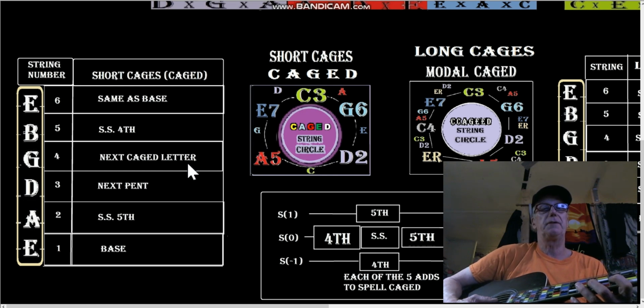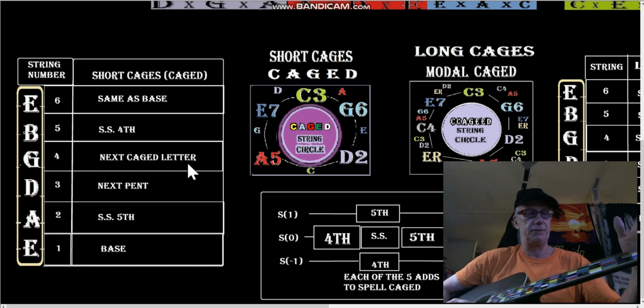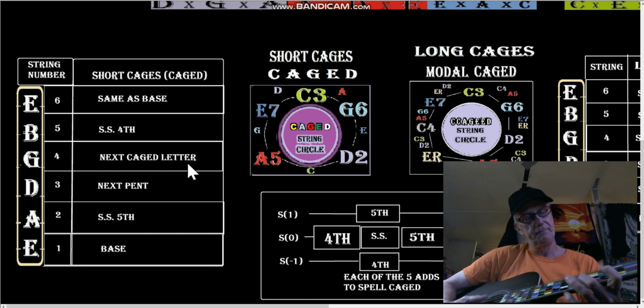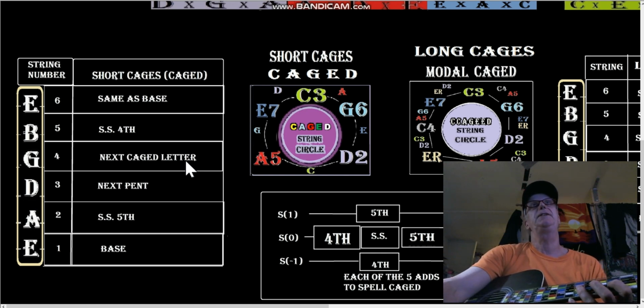So instead of going from A to C, which is caged spelled backwards, we go from A to G. Okay, and we don't want to play a B flat there because I'm down tuned here. So that's our G, the next caged letter.